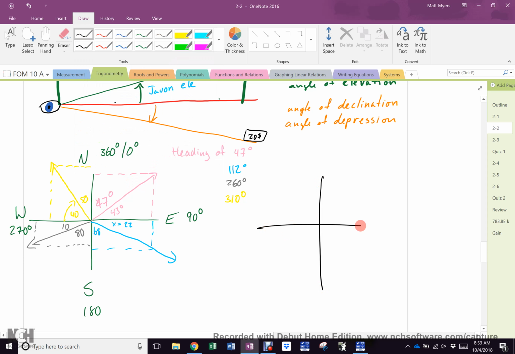The other one, and this is the other thing we do. This one is based on degrees. This one is based on direction. Okay? Now, direction, and I don't remember again if it's a heading or a bearing, is always written like this.